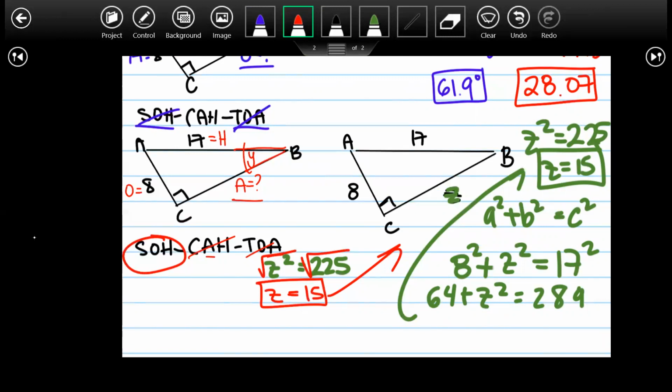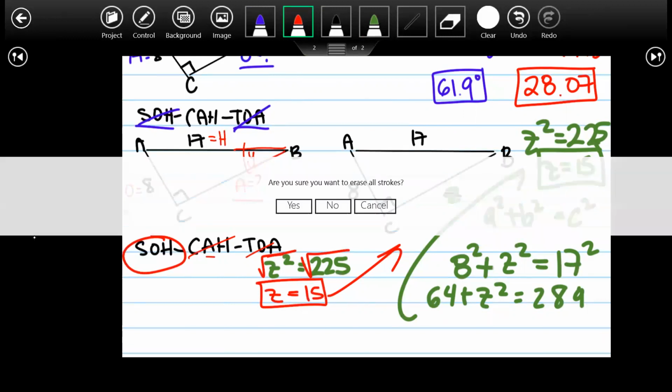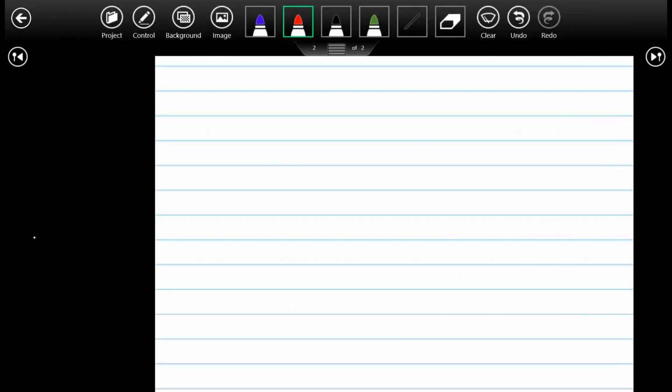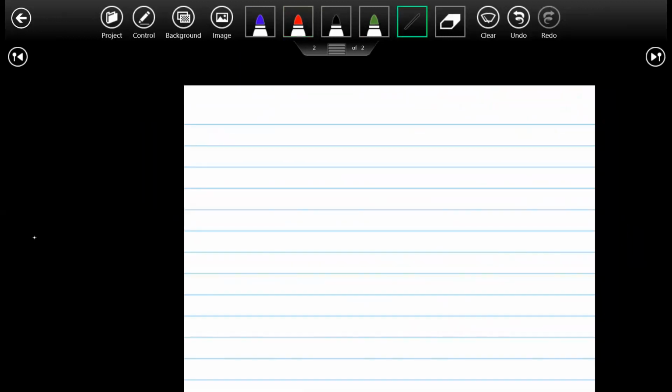Flip it over to the back side. 7 is very similar to 5. I'm going to flip it over to the back side. 8 or 9? Which one? So try to draw this. I heard 9 first, so I'm going to do 9.